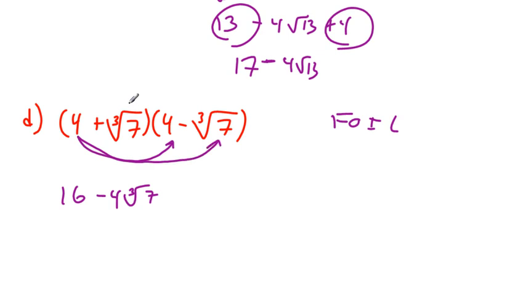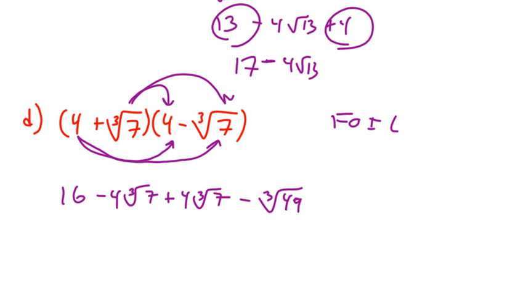Now let's do the inside, or third root of 7 times 4, which is a positive 4 third root of 7. And then lastly, do the last, which is a third root of 7 times a negative third root of 7. So that means that's a minus third root of 7 times 7 is 49.